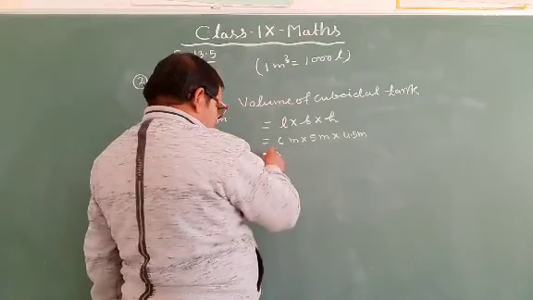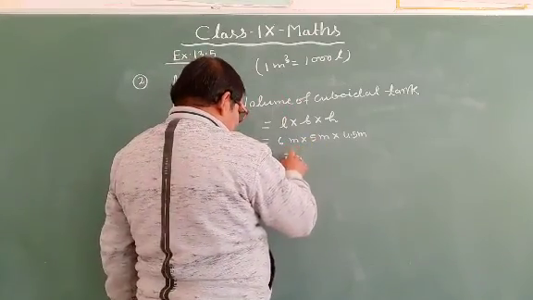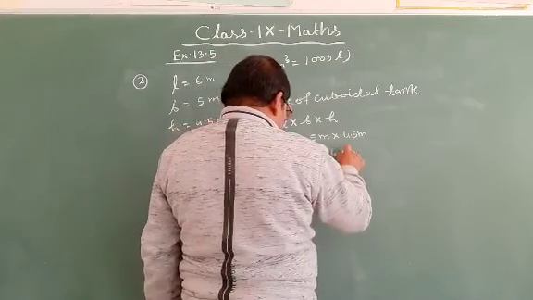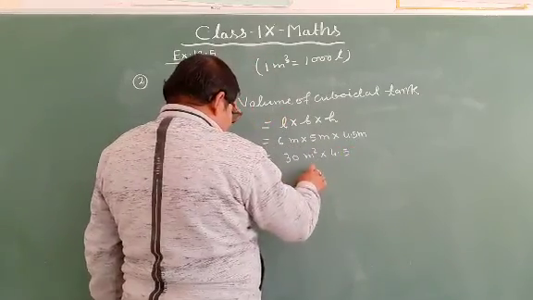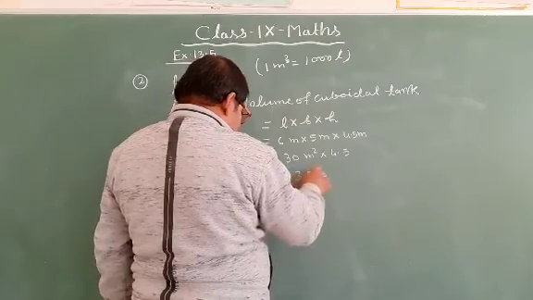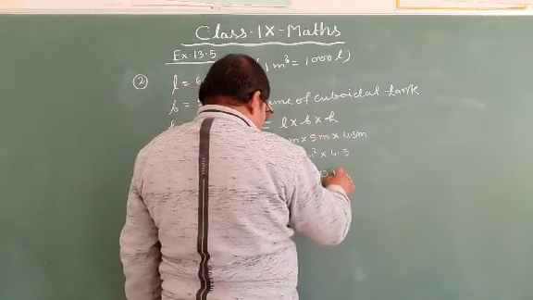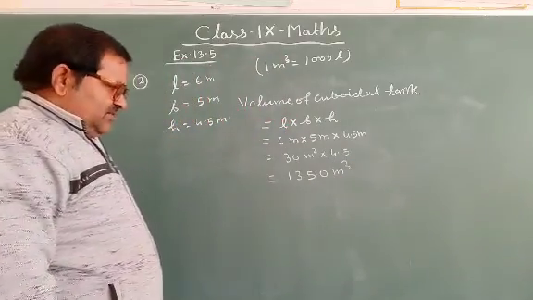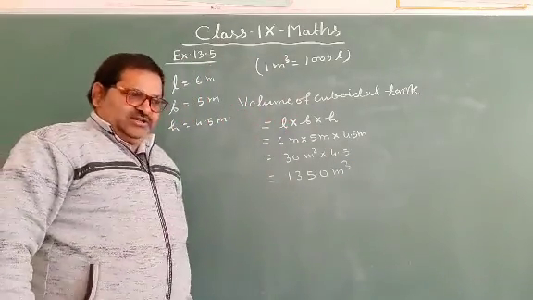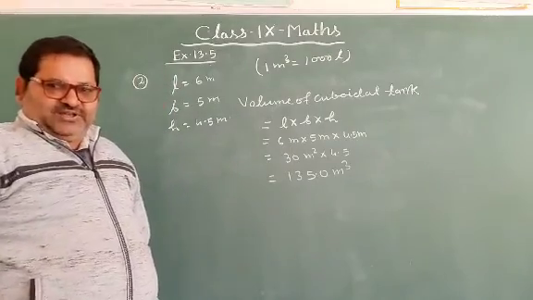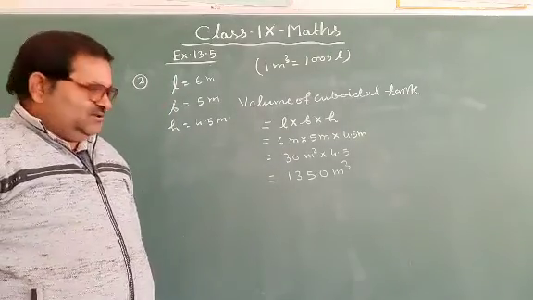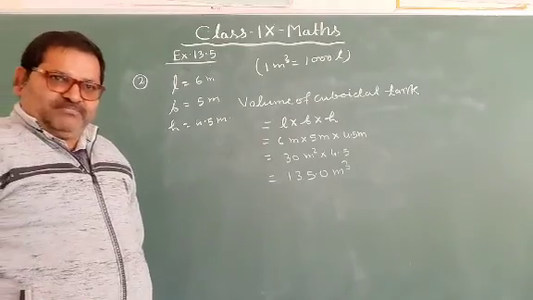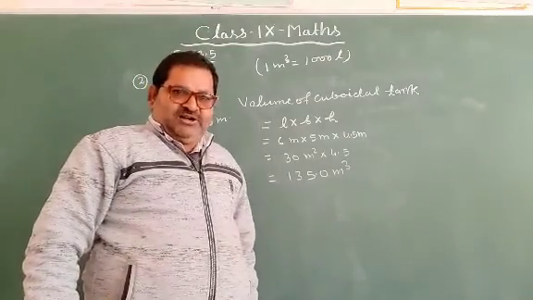So 5 sixes are 30 meter square into 4.5 meter is 135 meter cube. 135 meter cube is the volume of the cuboidal tank.